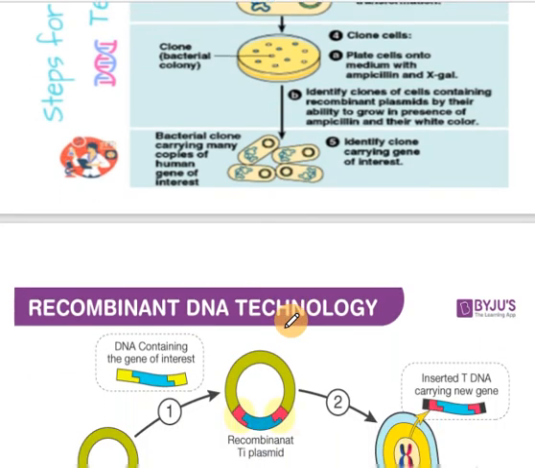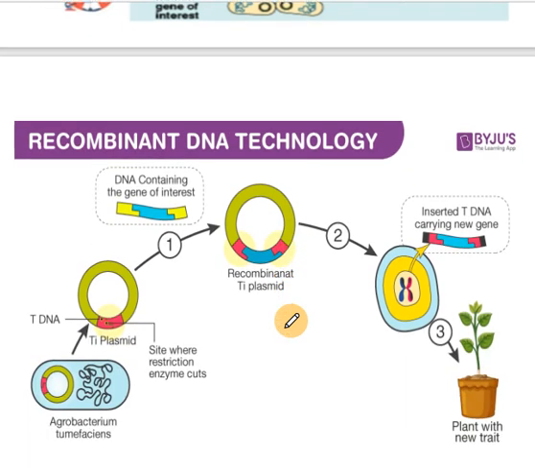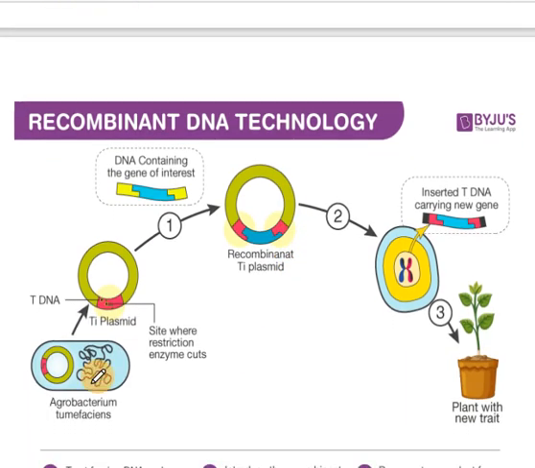Let's look at another pictorial view of the method. So now we have here our transformed bacteria with our gene of interest. Let's say this gene of interest we sent in here was that of a plant.